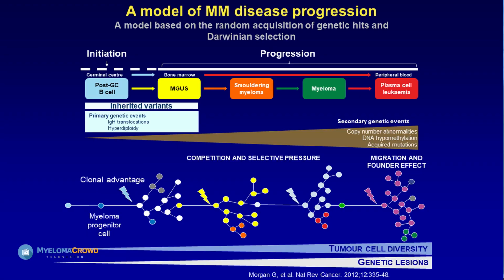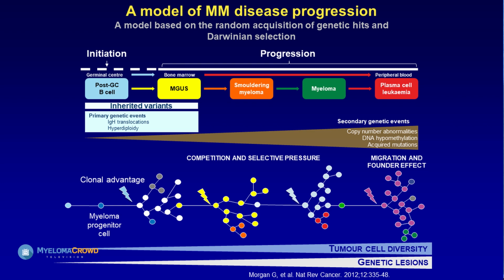The basic premise is that these different cells compete for dominance, and the one that's worse comes to dominate the whole bone marrow. And so you have these branching pathways, and you move from MGUS to smoldering to myeloma to plasma cell leukemia.